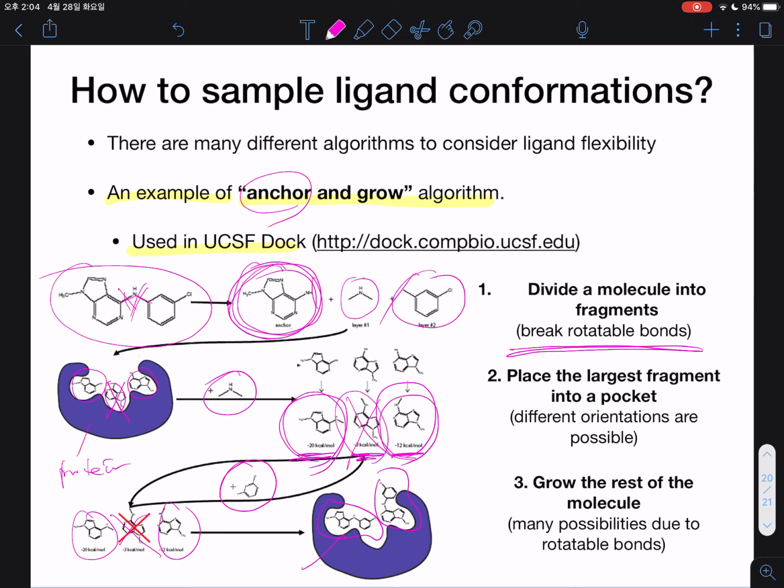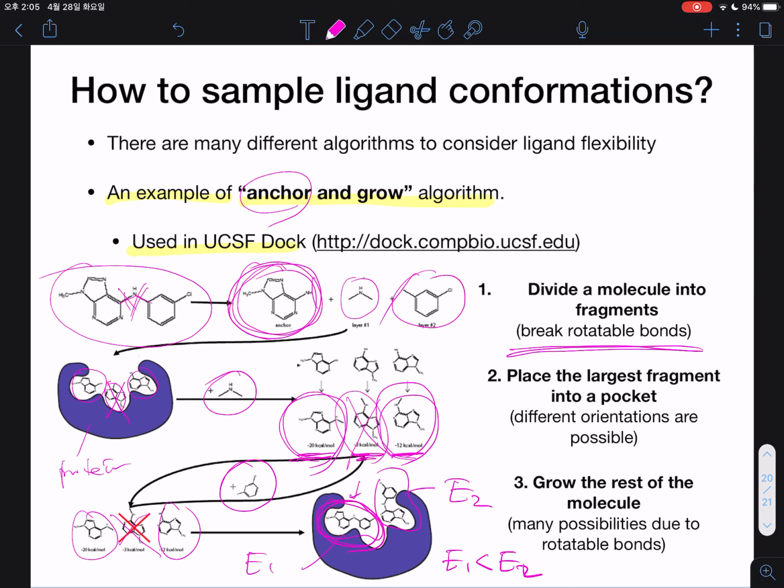After that we calculate the energy of each, and we assume that if E1 is lower than E2, then this bound pose is more probable. So the ligand must be bound in this pose. That's generally how we predict a protein-ligand bound structure.